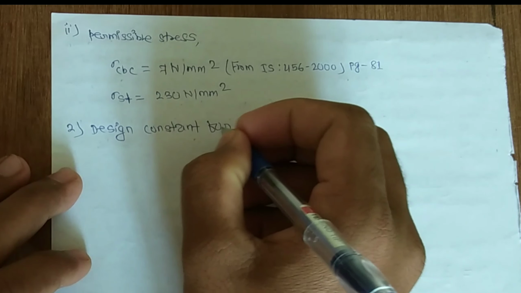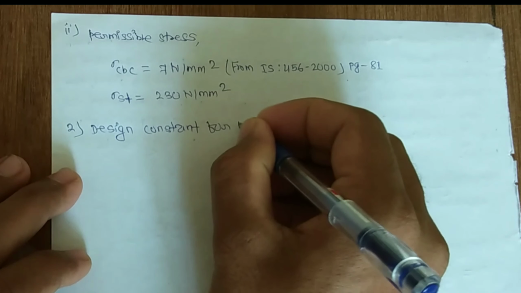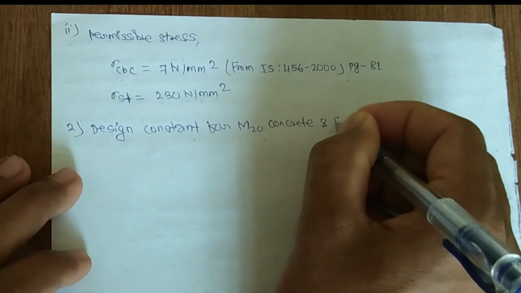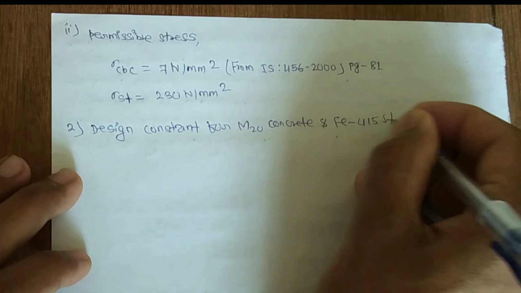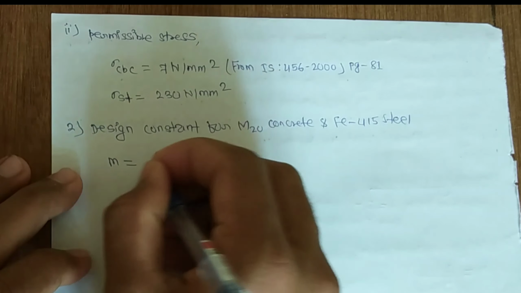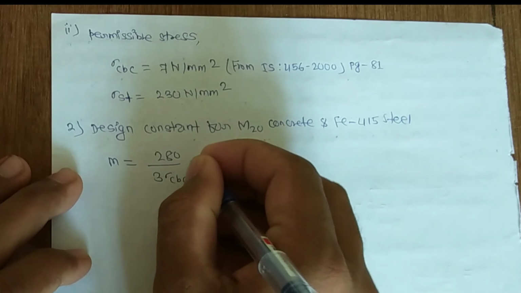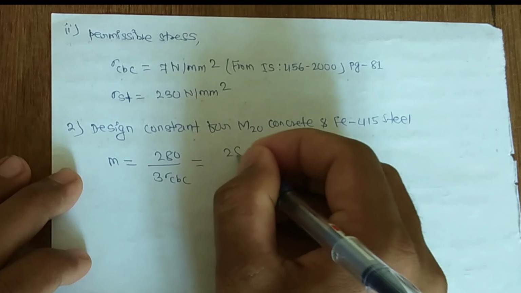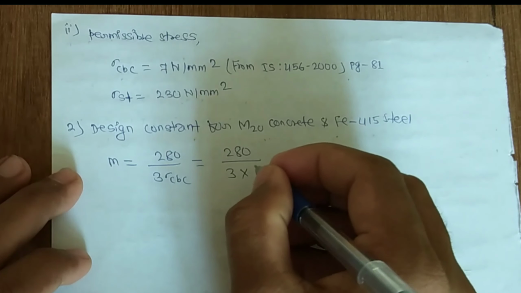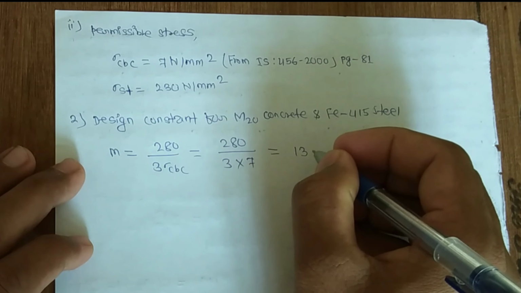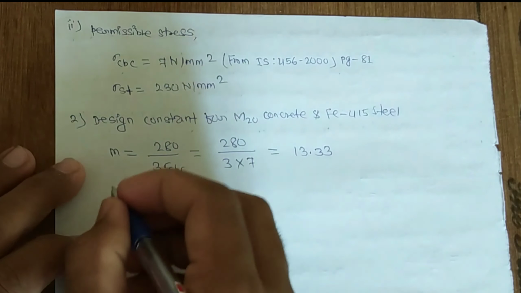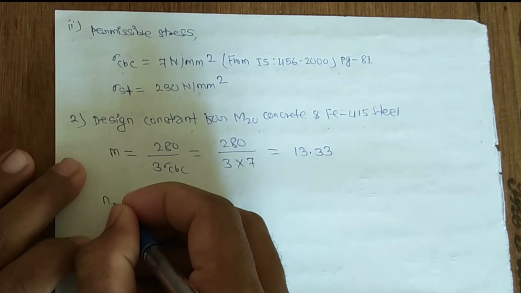Second, we have to calculate the design constants for M20 concrete and Fe415 steel. We know the formula for m is 280 by 3 sigma cbc. Putting 3 into sigma c, which is 7, we get 13.33. Again we have to calculate Nc.